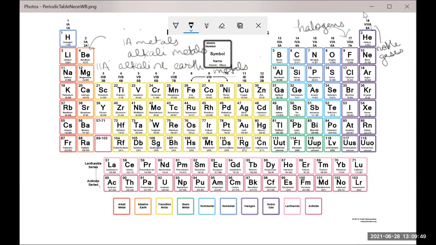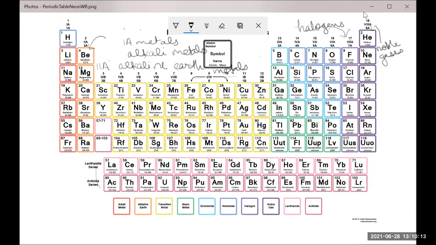Okay, so now you know your periodic table. Each box will tell you what the atomic number is, which tells you the number of protons per element. The atomic number, the symbol and the element name are unique to each other. And then we can get our average atomic mass. In the periodic table, each row is called a period.